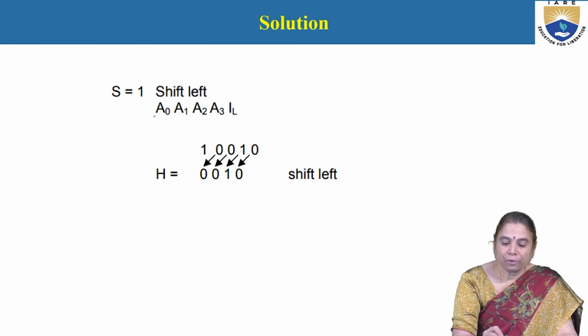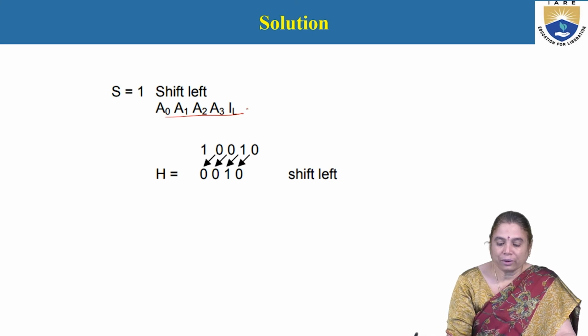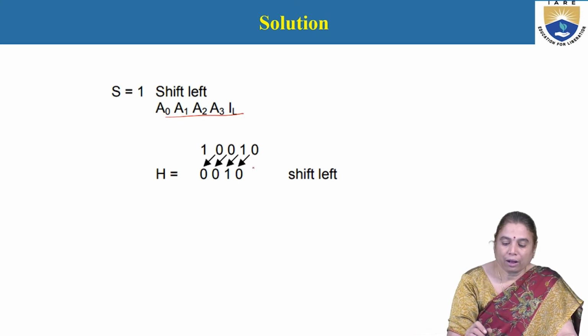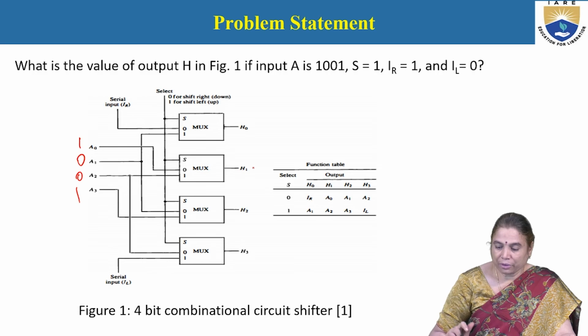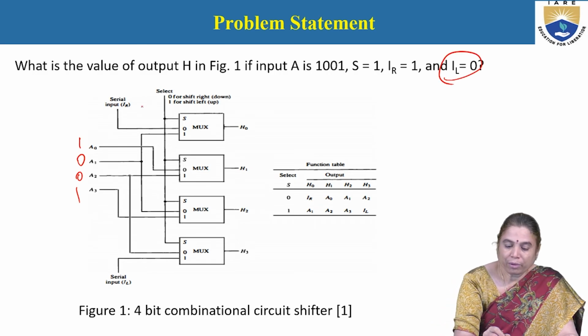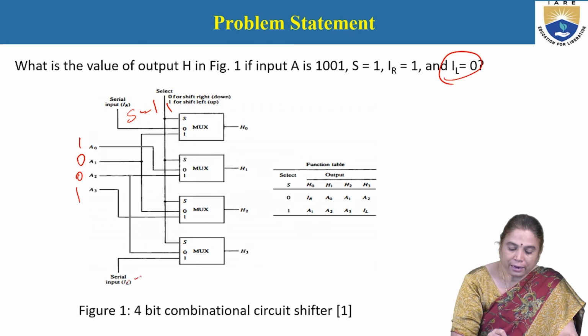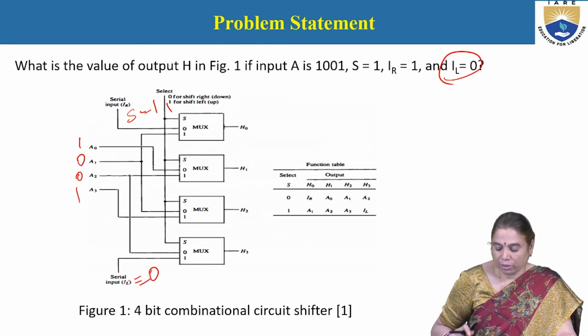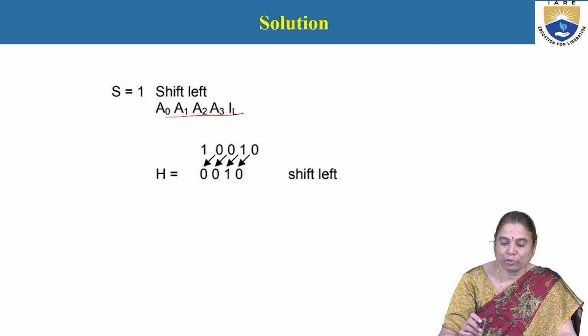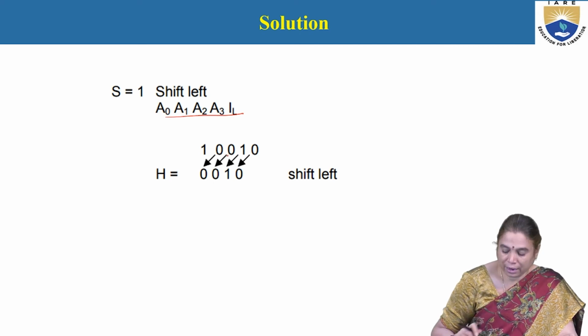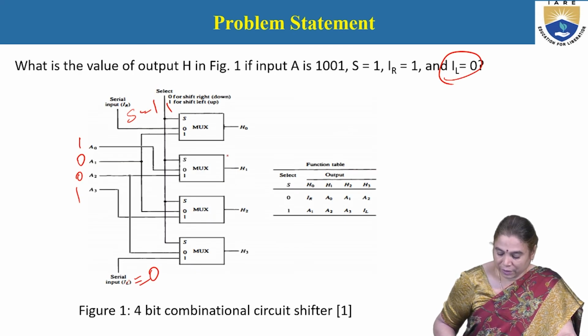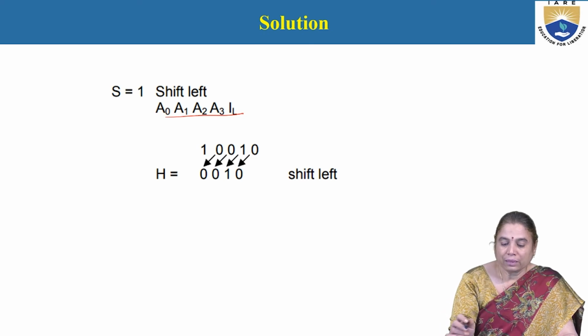The values have to be shifted, and IL becomes 0. So the shift operation has to be performed on this number. The A value is 1001, so 1001 has to be shifted.